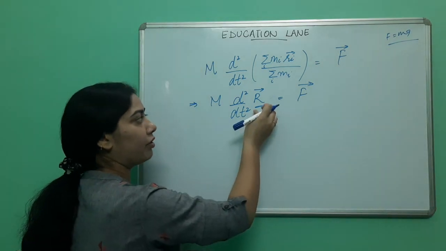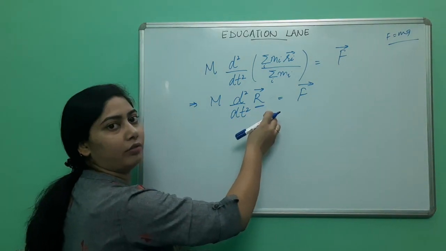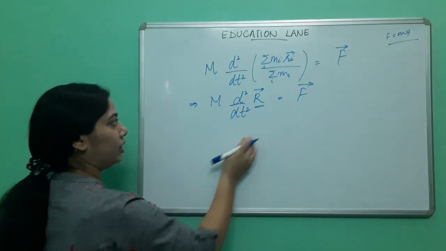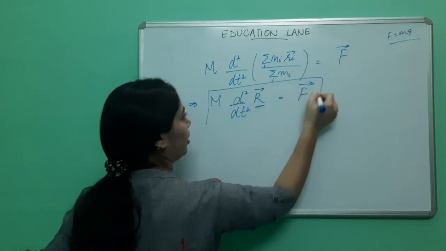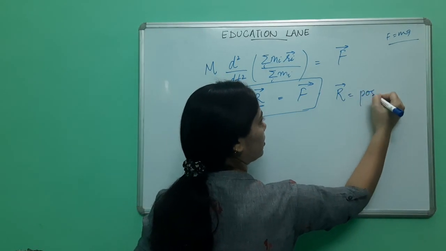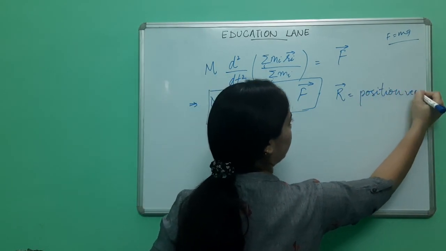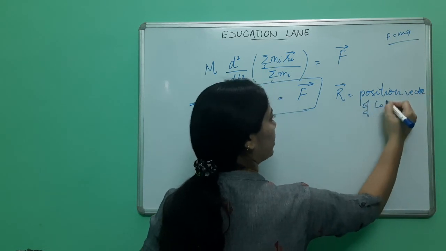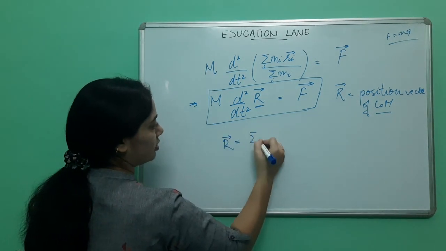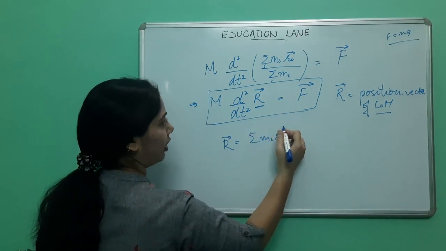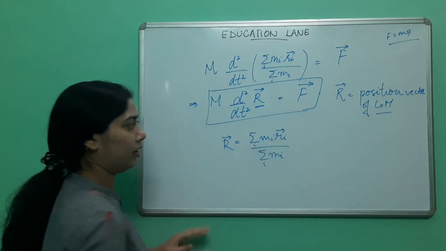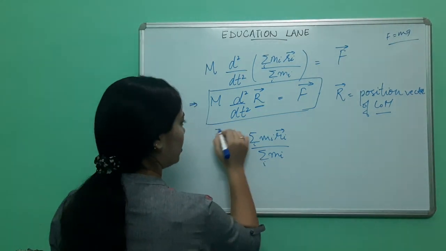This position vector is the position vector of the center of mass of that body or object. What is r? Summation m_i r_i upon summation m_i, obviously the summation is over i. This is my position vector.